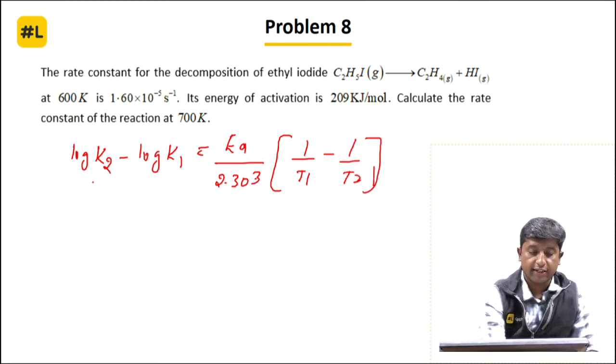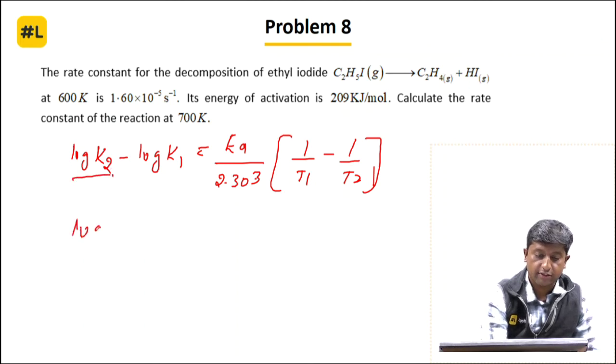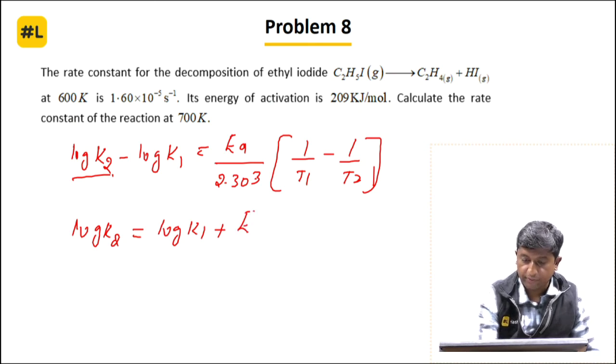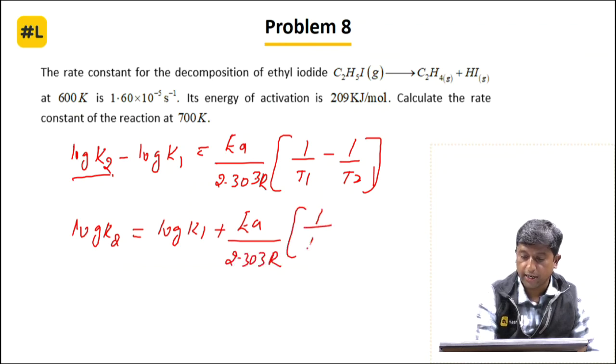Here we need to calculate K2, students. So, this equation can be written as log of K2 will be equal to, sending this towards right side, it becomes positive, log of K1 plus EA divided by 2.303 R into 1 by T1 minus 1 by T2.